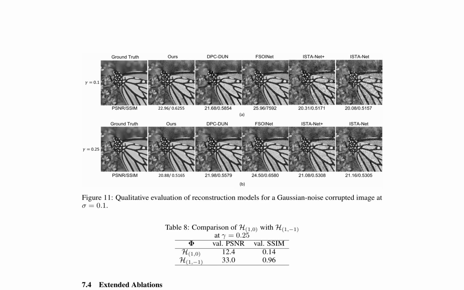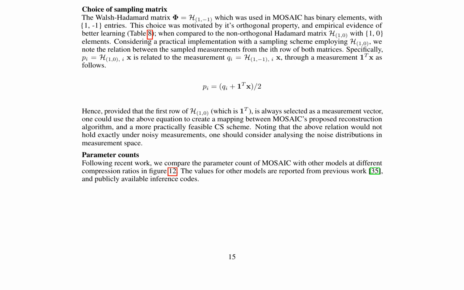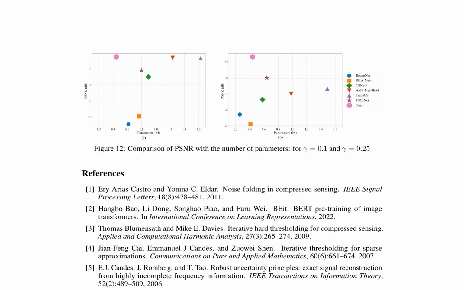The paper discusses the reconstruction models for Gaussian noise-corrupted images, focusing on the choice of sampling matrices. It highlights the use of the Walsh-Hadamard matrix phi equals H, 1, minus 1, for MOSAIC, which offers better learning compared to the non-orthogonal Hadamard matrix H, 1, 0. The relation between sampled measurements from both matrices is detailed, suggesting a practical implementation with a sampling scheme employing H, 1, 0.